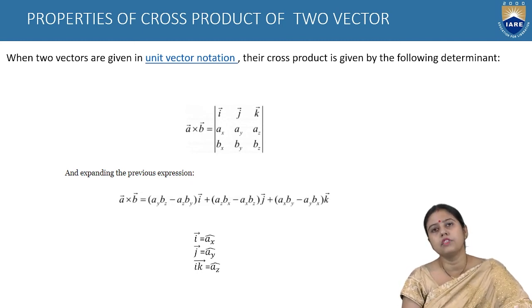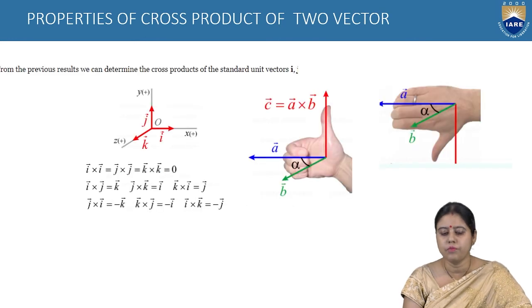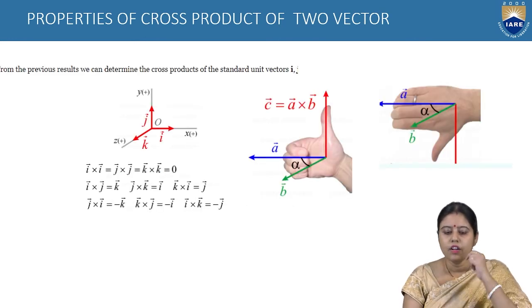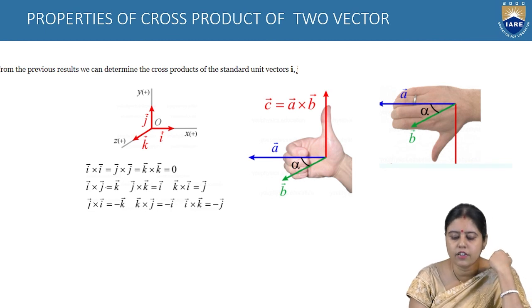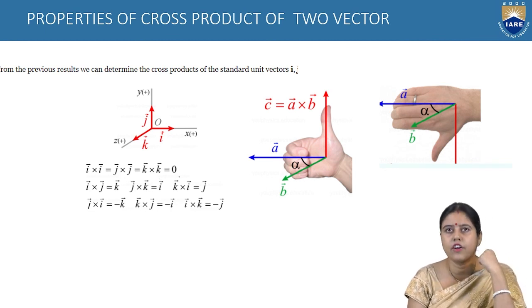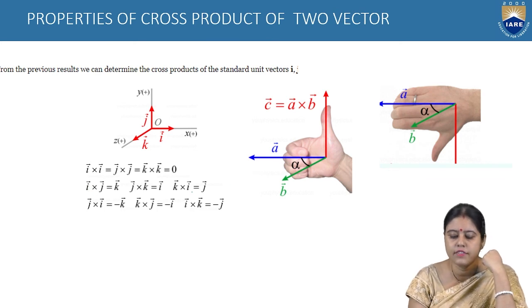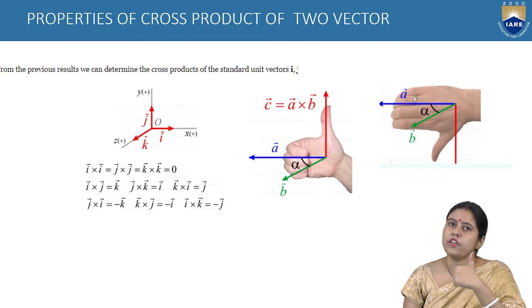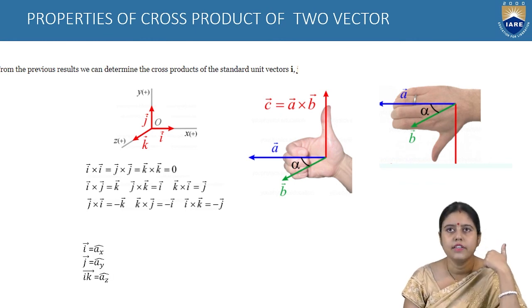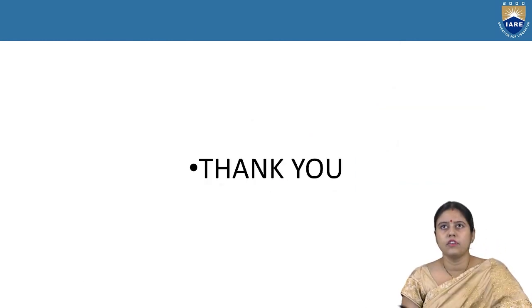The determinant of this matrix is the cross product. So already I have told you I cross I, J cross J, K cross K is equal to 0. Anti-clockwise positive, clockwise negative.